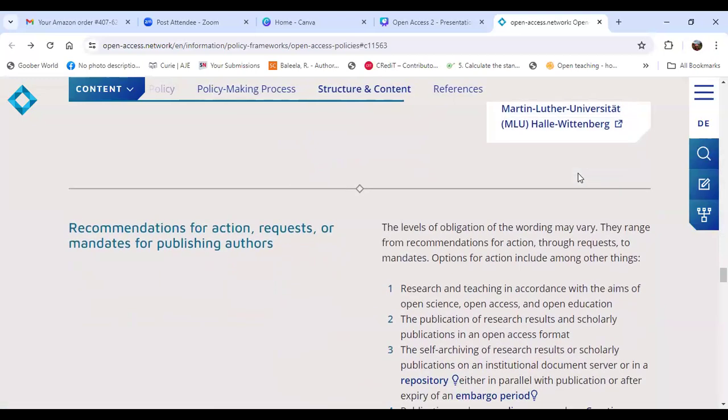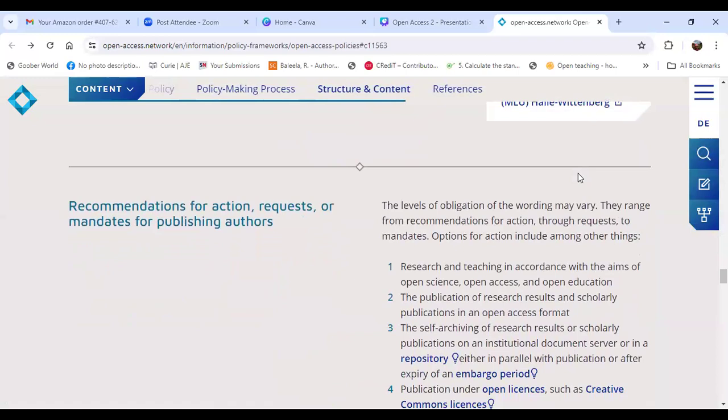In addition, you can add a section on recommendations or action, requests or mandates for publishing authors. And the level of wording may vary here.